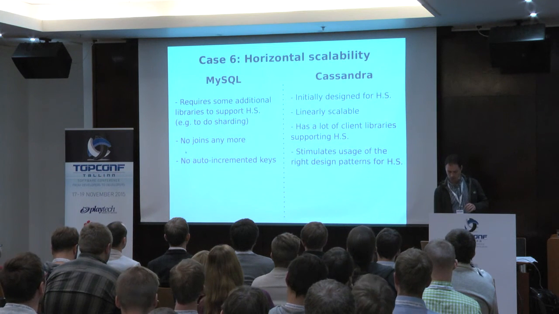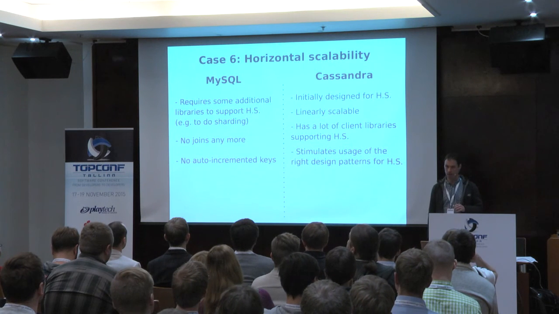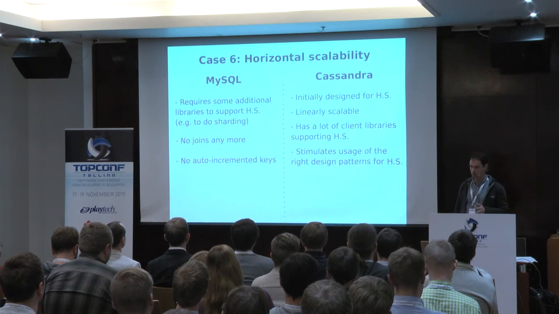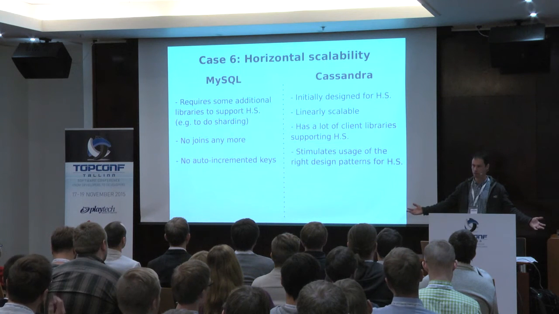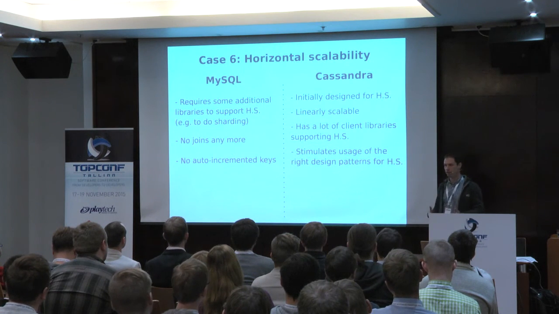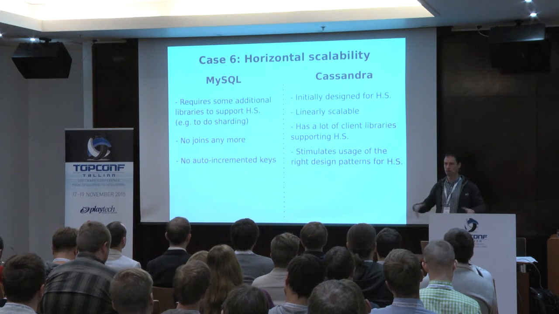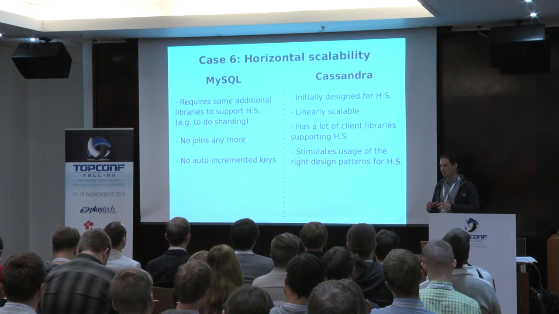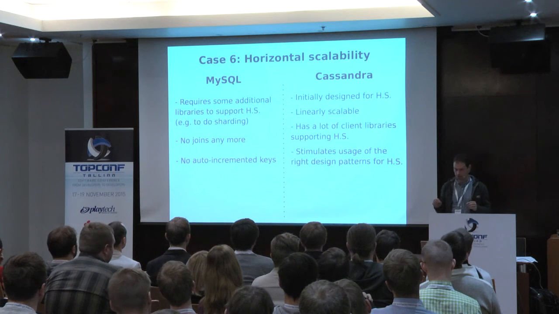Also, with horizontal scalability, you won't be able to use classical joins anymore because potentially your data is spread among multiple nodes, and you have to have a mechanism of multi-query from multiple nodes and then aggregate that somehow on your client side. So it's not that easy.